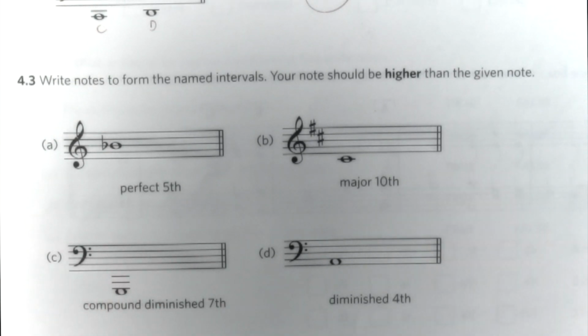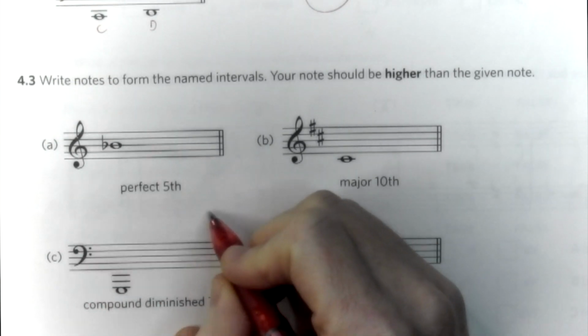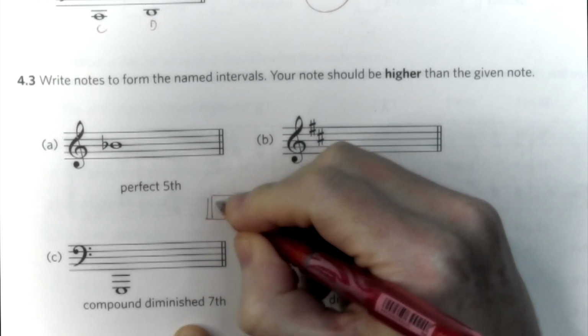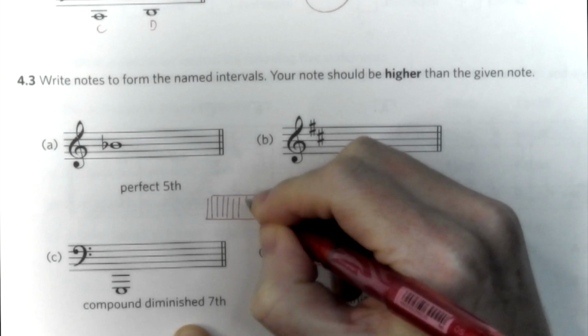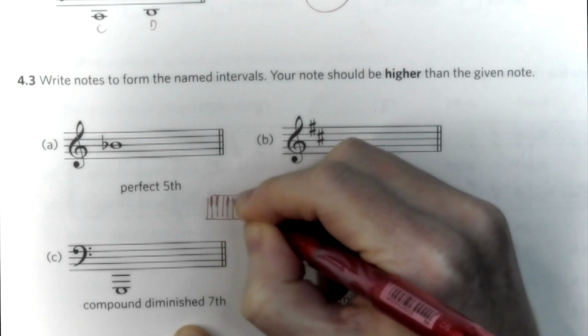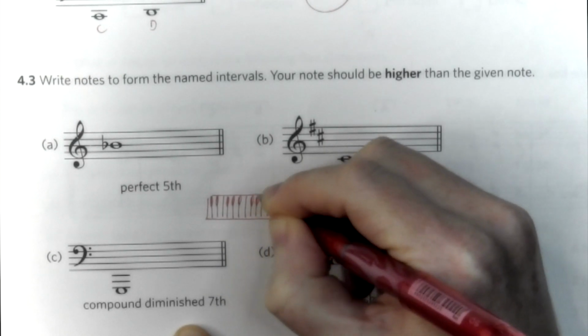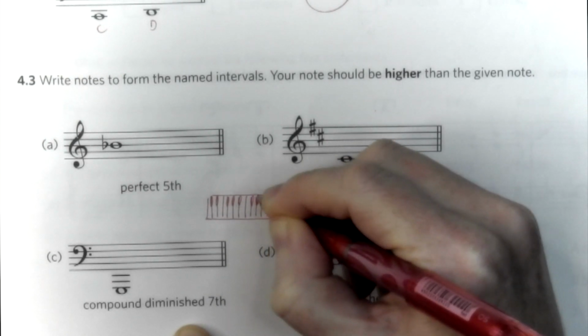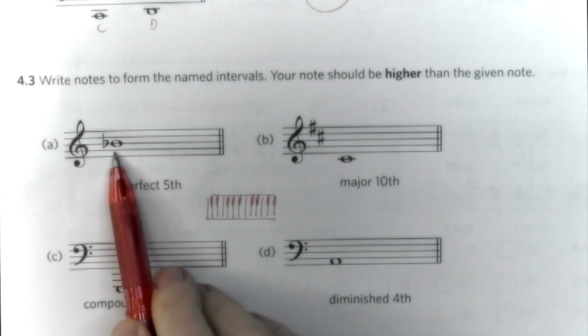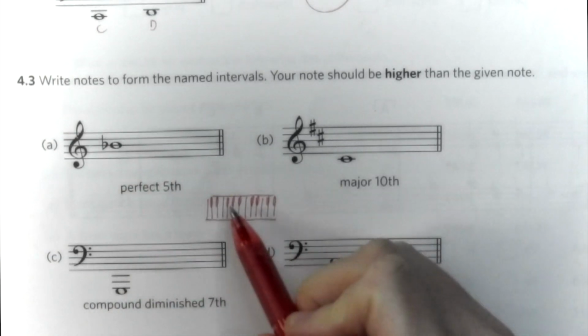Okay, perfect fifth. We need a keyboard. I will write it here. Okay, a perfect fifth from B flat. Let's count.